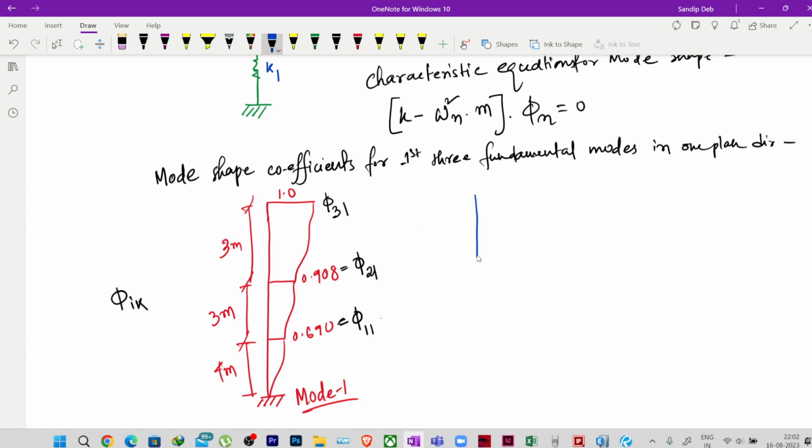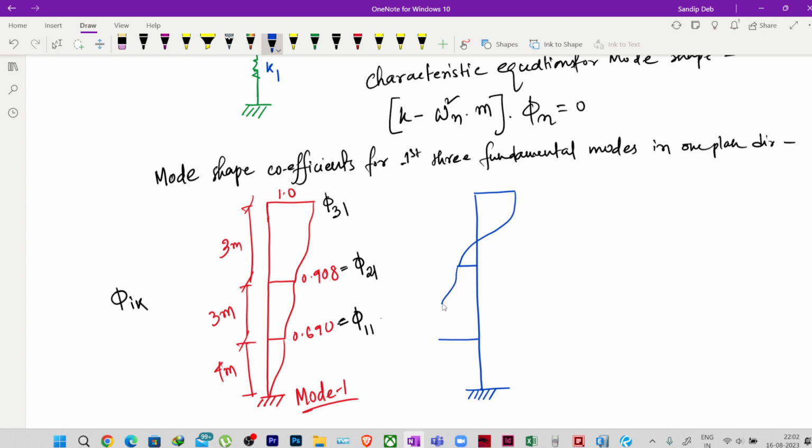Similarly, I'm writing the second mode shape coefficients after solving this equation. This is a long process, I will show you later in another video. Then the next floor, then the next floor.